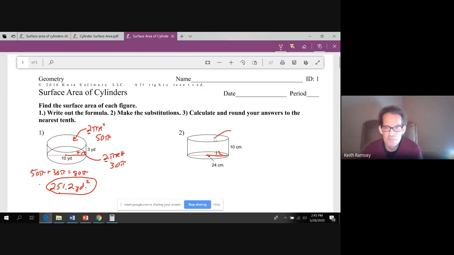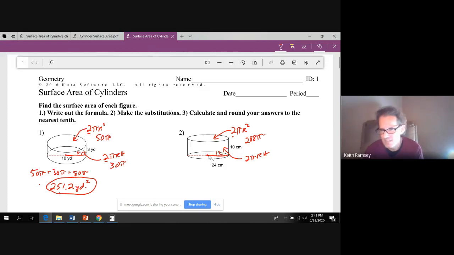Okay, so the top and bottom is 2 pi r squared. Looks like my radius is 12, 12 times 12 is 144, times 2 is going to equal 288 pi. Now let's check out that lateral surface. That's 2 times pi times the radius times the height.